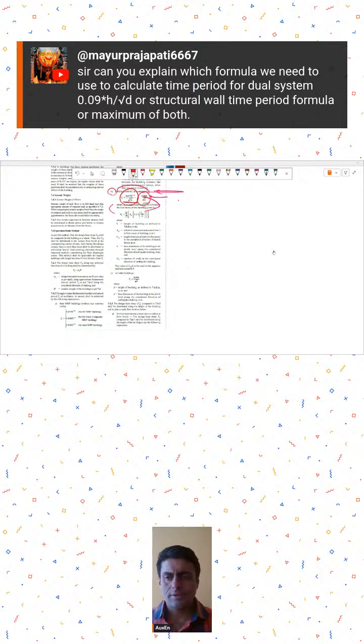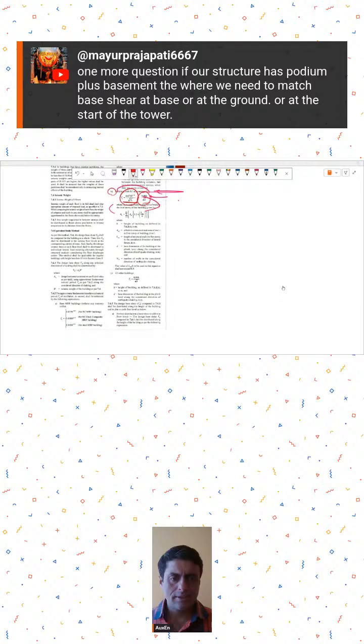Then Mr. Mayur Prajapati is asking, sorry, one more question. If our structure has podium plus basement, then where do we need to match the base shear: at base, at ground, or at start of tower?